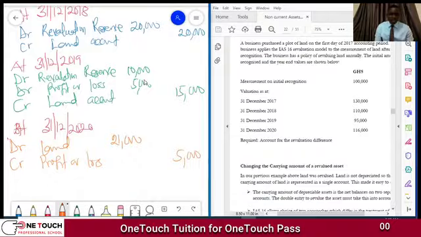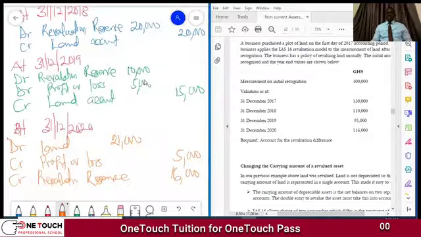This 5,000 goes and clears off this loss. Then we credit revaluation reserve with 16,000. I hope I'm understood. Good.